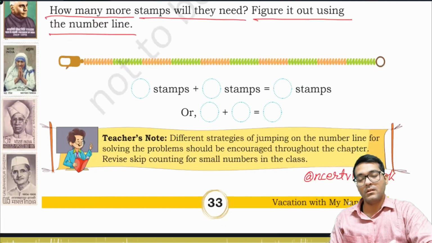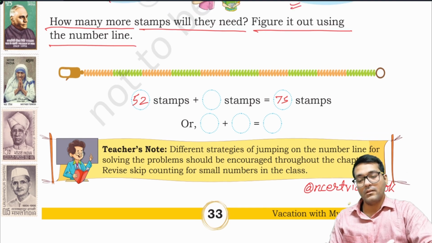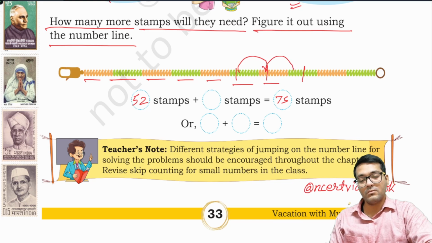That means you have to move from 52 to 75. Then how much do you have to add? 10, 20, 30, 40, 50 and 2 here, and 75 is here. Then 60, 70 and 5. That means 52 to 62, then 72, and then 1, 2 and 3.